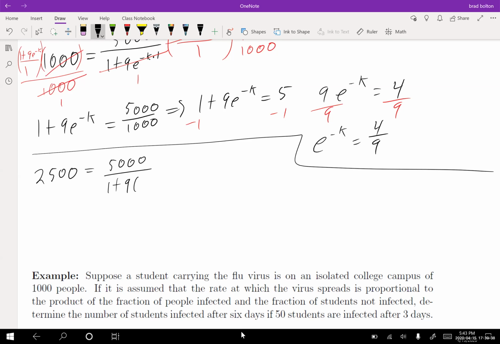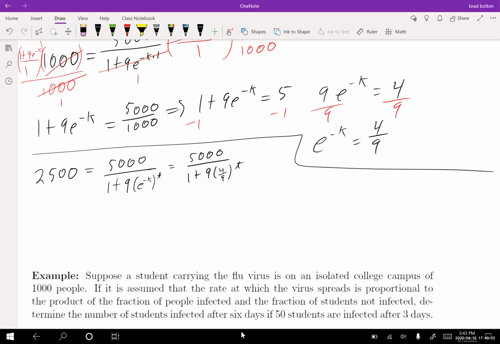Now, here's the little trick. e to the negative kt is the same as e to the negative k to the t, right? So then that means that's 5,000 over 1 plus 9, but e to the negative k, we said, was 4/9. So I'm going to put a little 4/9 right there to the t. Okay.